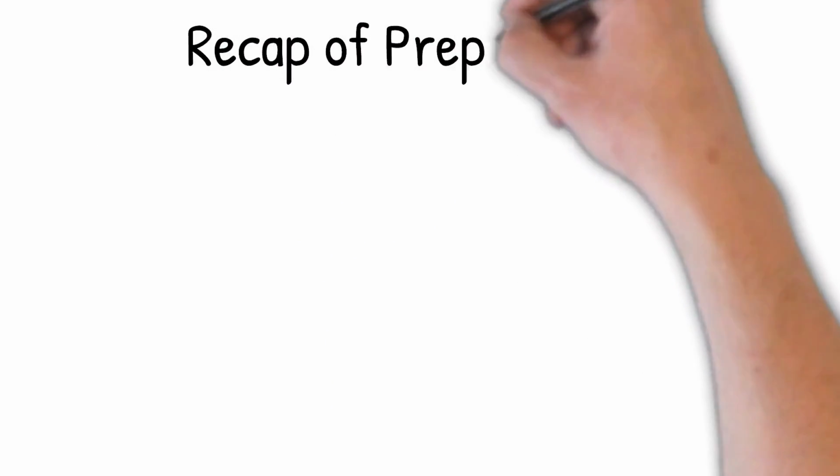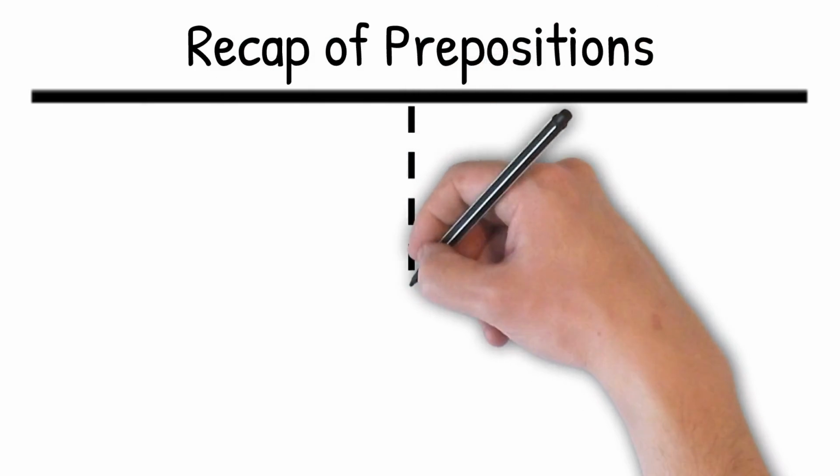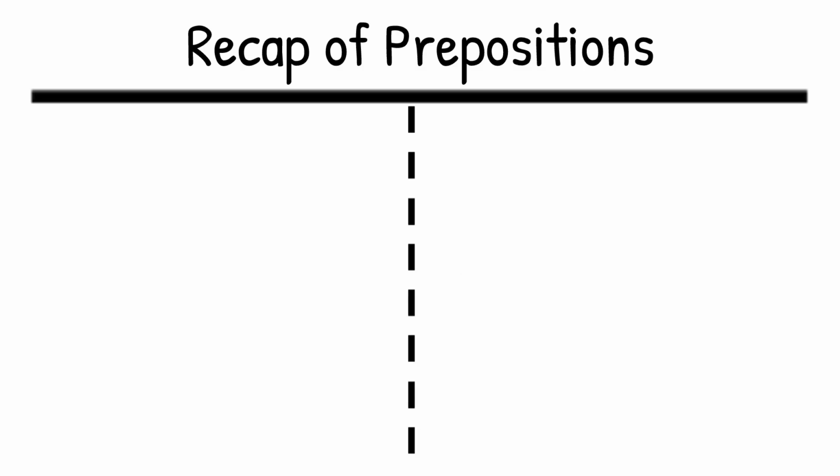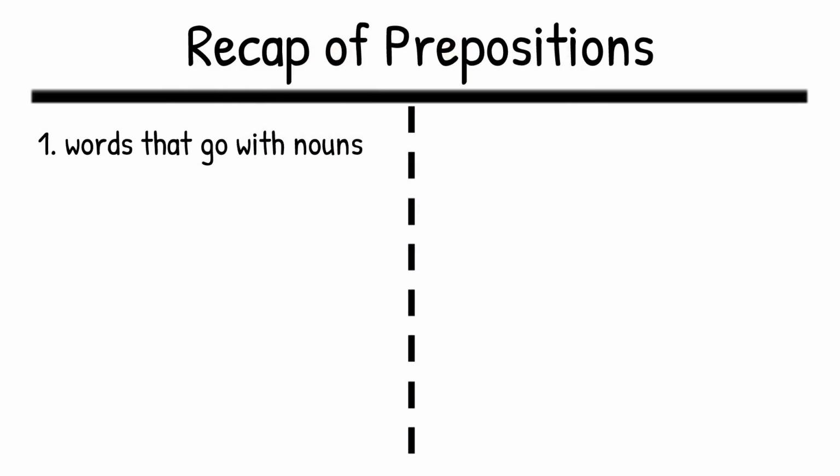Here's a quick recap of prepositions. Prepositions are parts of speech, that is, types of words that have a particular role in a sentence. You can think of prepositions in two basic ways. The first is that they are words that go with nouns, and the second is that they are location words.